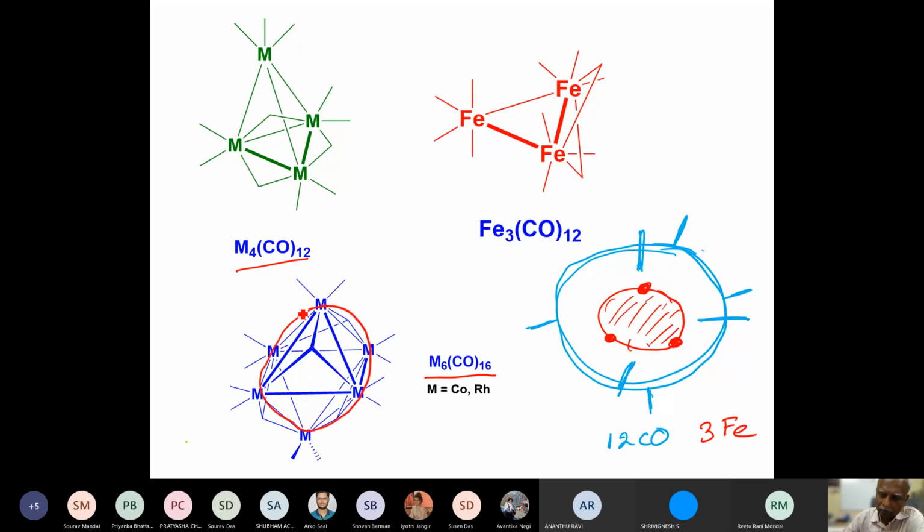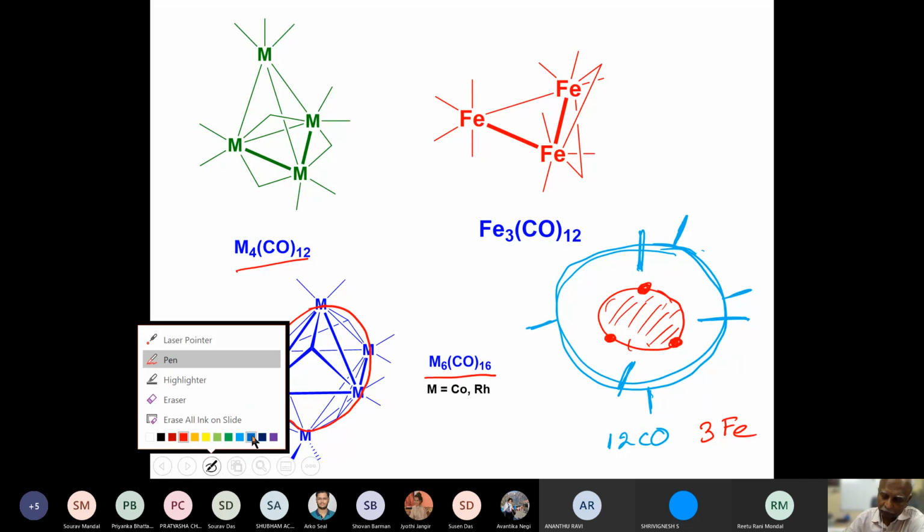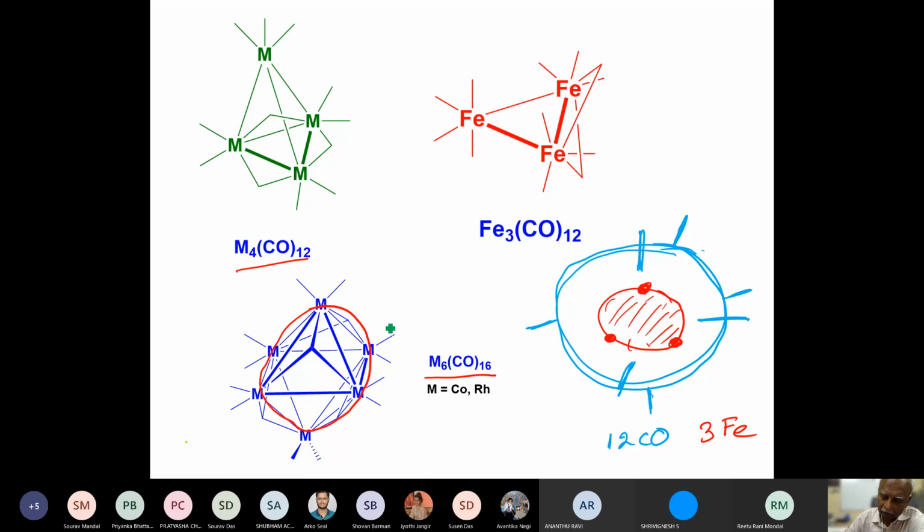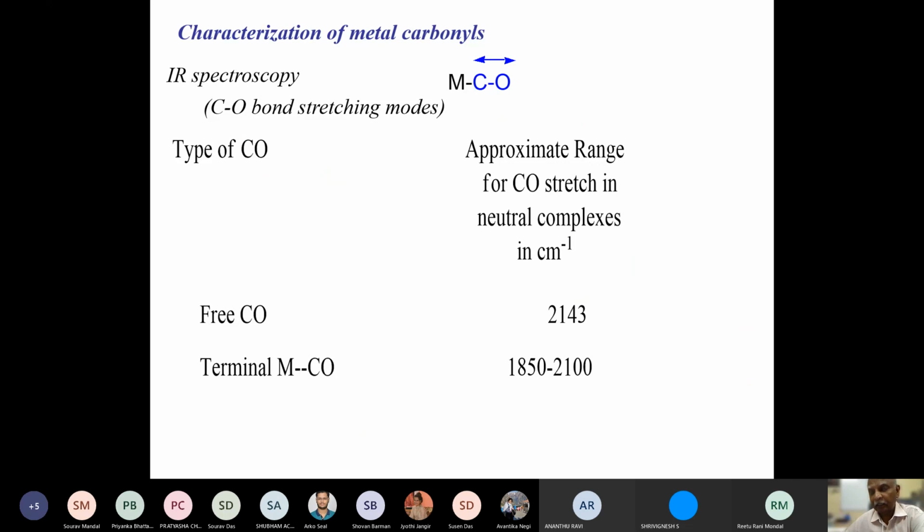And then there would be 16 carbon monoxides, which are in a bigger sphere, and that bigger sphere has the 16 carbon monoxides on the surface.